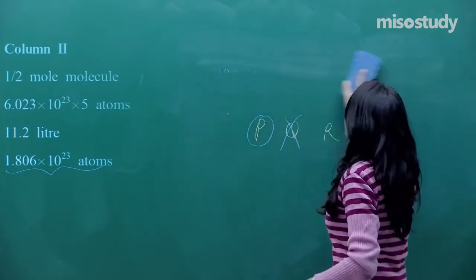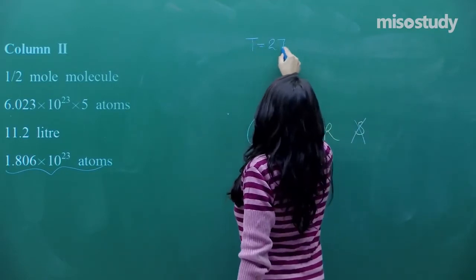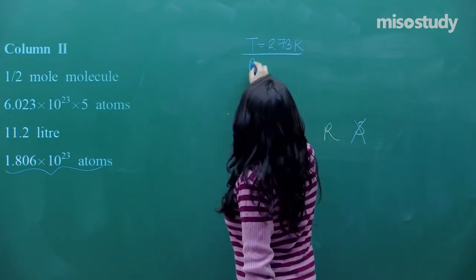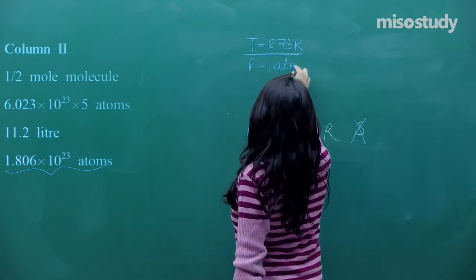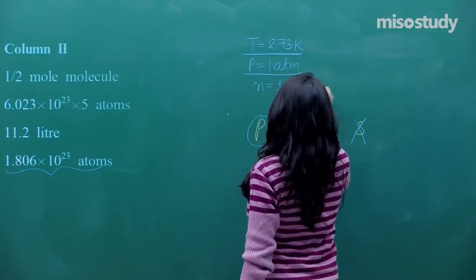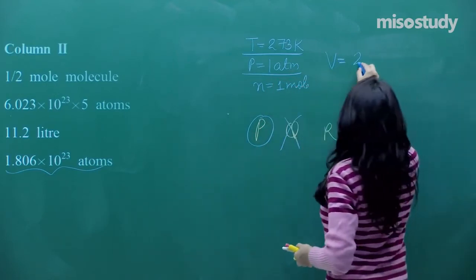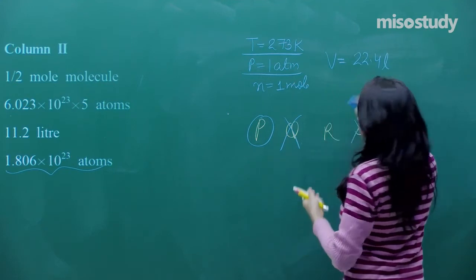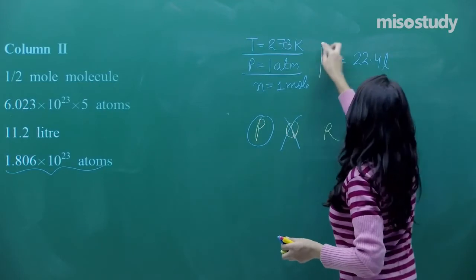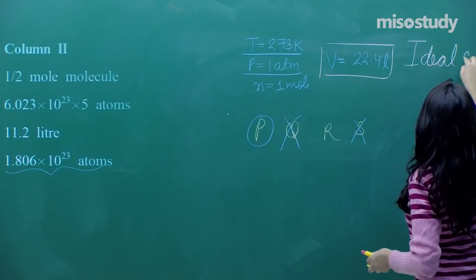that the formula that I did, that if temperature is 273 Kelvin, pressure is 1 atm, number of moles is 1, the volume of the system will be 22.4 liter. But the system was an ideal gas.